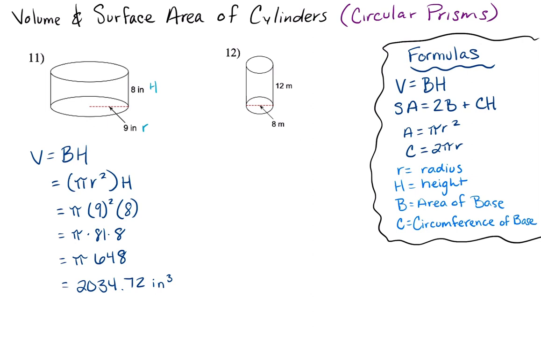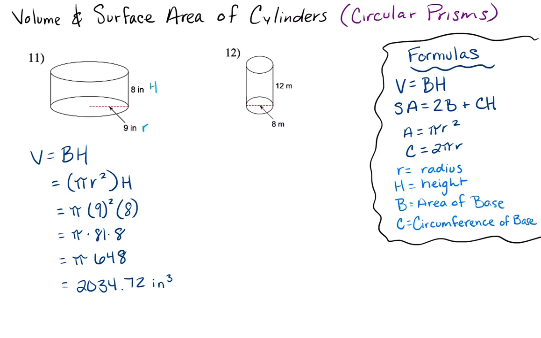Now we're going to look at finding the surface area. Since we're dealing with a circular shape, we're going to need 2 of the areas of the bases, 2B, and then we're going to add that to the circumference of the base, which is kind of like the perimeter, but we call it a circumference for circles, and we're going to multiply that by the height.